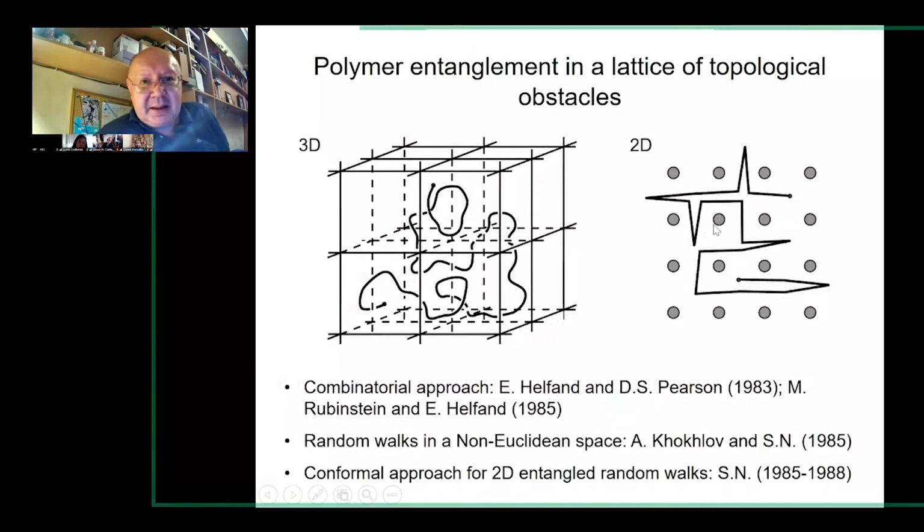Let's consider the elementary cell of the two-dimensional lattice, the square. Then you can tessellate your plane by elementary plaquettes in the form of squares. And now you do the following: you make a conformal transform of this elementary plaquette to a rectangle with zero angles.